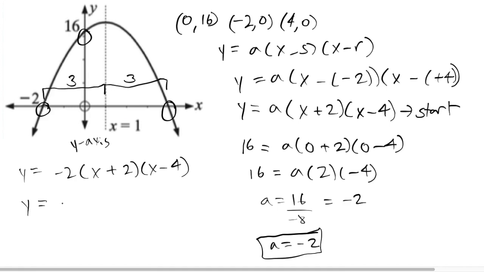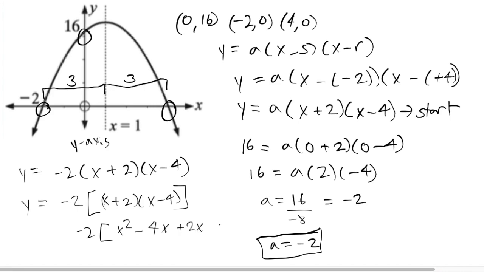So y is equal to negative 2 big bracket (x plus 2) multiplied by (x minus 4). So what do we get? We get negative 2 multiplied by (x squared minus 4x plus 2x minus 8). So when we expand it out, we get negative 2 multiplied by (x squared minus 2x minus 8).